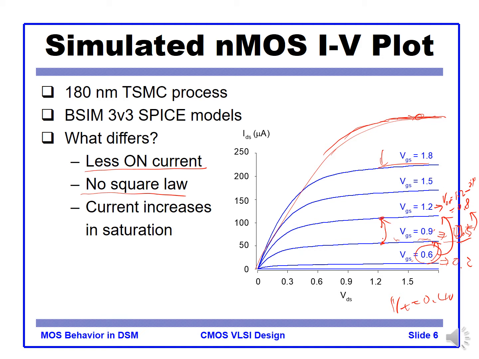If it were the square law model, the current would need to be almost 4x larger than at 0.9 VGS, right? So it doesn't follow the square law model. Also the saturation: in saturation, the current should not change over VDS variation, but in reality, there's a little change in current in saturation for different VDS. So this is a different effect that we can expect from the actual SPICE model.